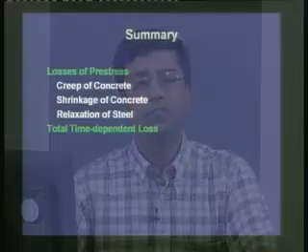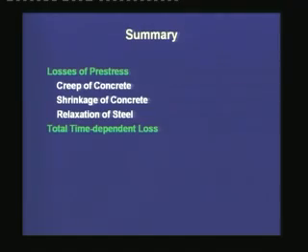The third type of long-term loss we studied was due to the relaxation of steel, which is the drop in stress at constant strain, and the relaxation also depends on the type of steel, the amount of initial prestress, and the temperature.